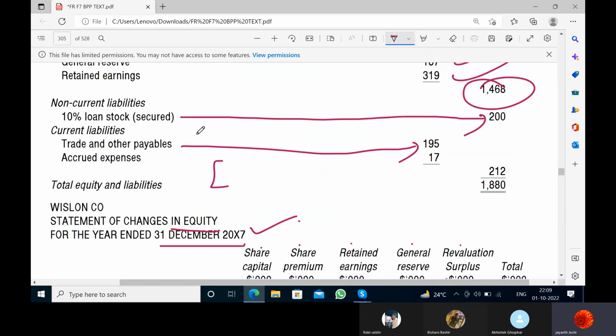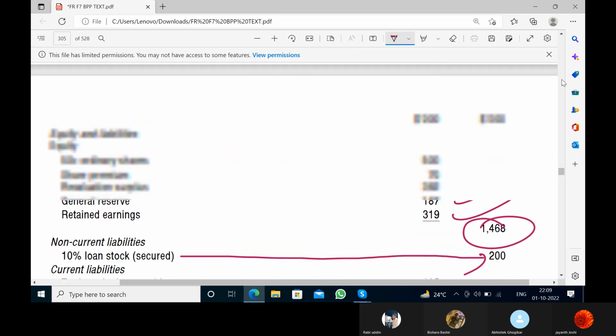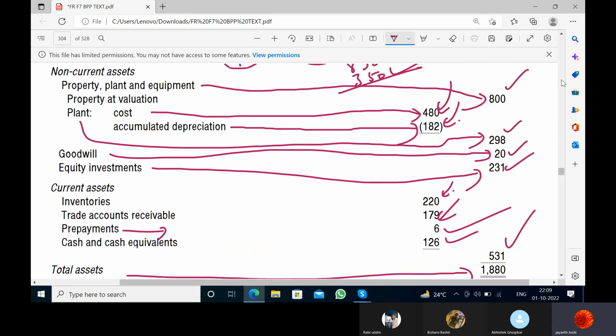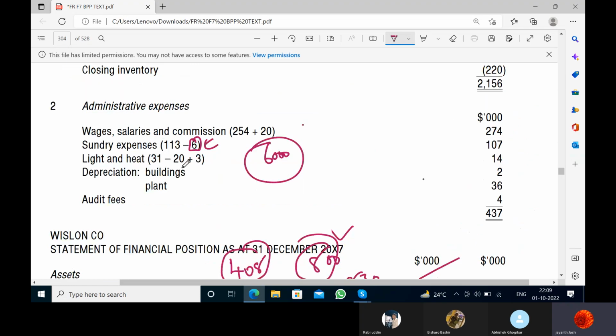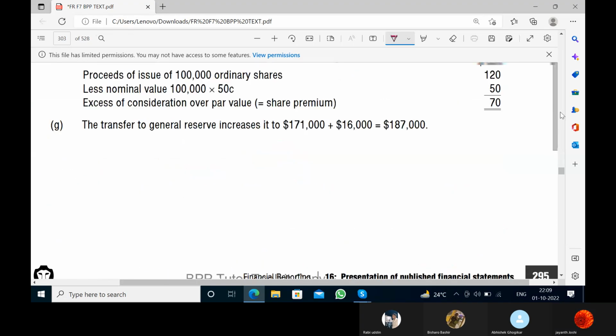So we take 10, we take 3, and we take one more thing. Audit fees is 4, I think. One more thing you remember, there was the light and heating expenses which was outstanding. Outstanding invoice of light and heat. You can see adjustment number 1.